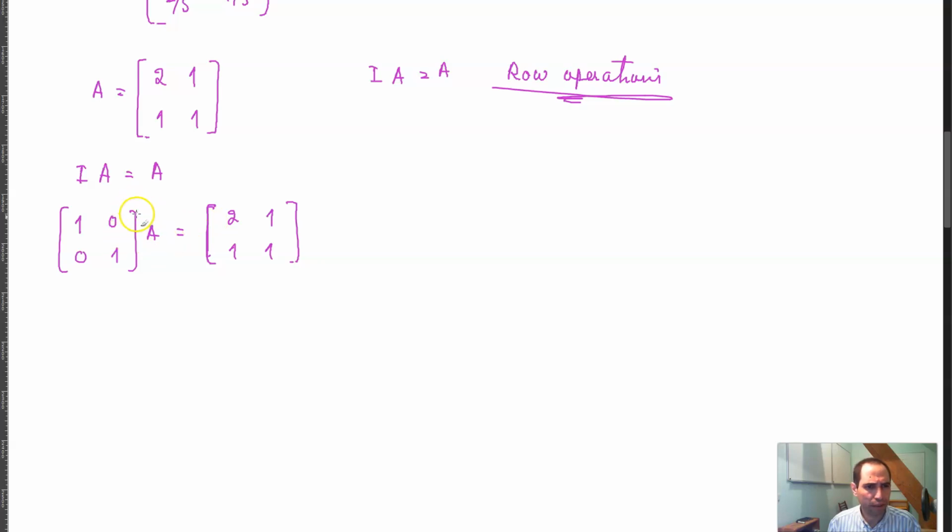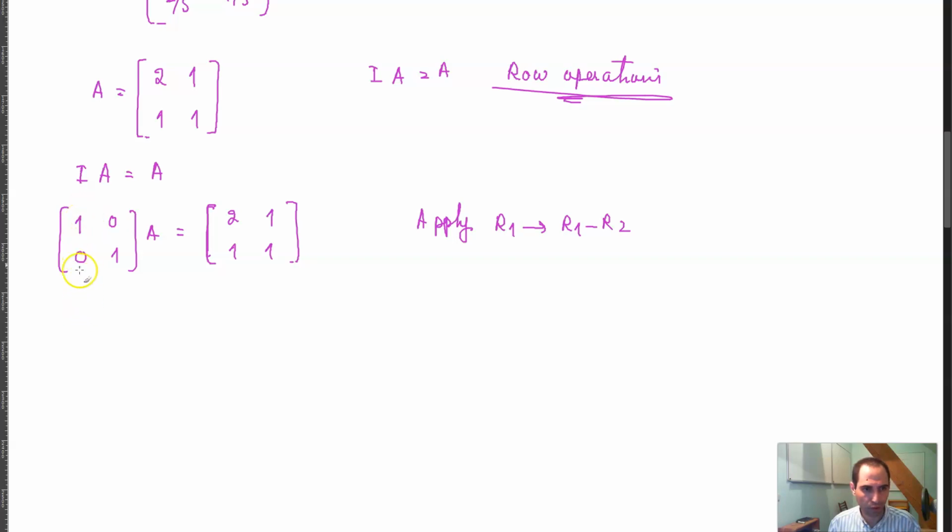What that means is that 2, 1, 1, 1 is equal to 1, 0, 0, 1 times A, and then if I apply R1 becomes R1 minus R2, the row 1 is going to be row 1 minus row 2.